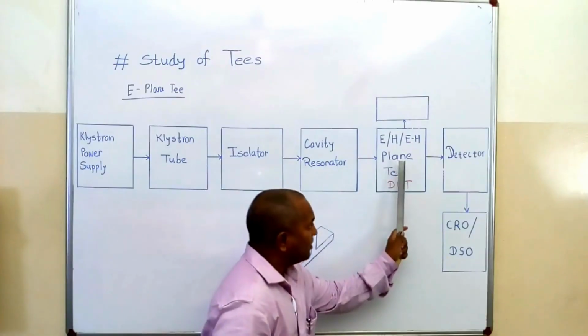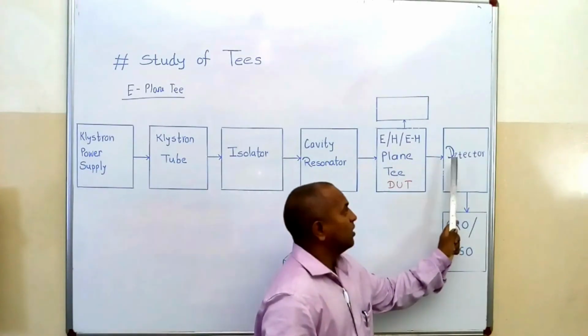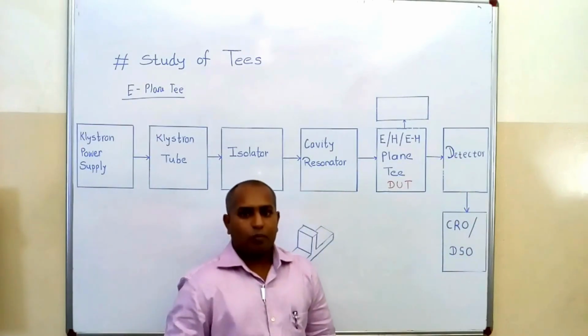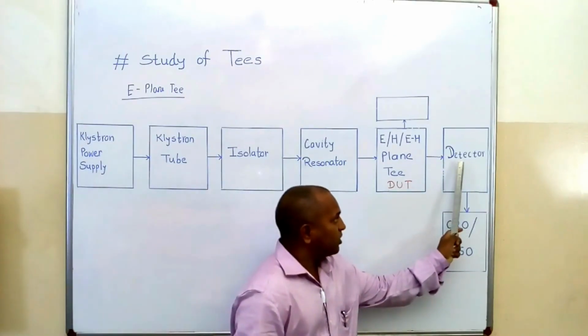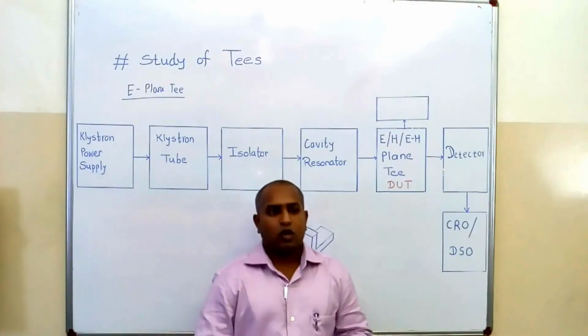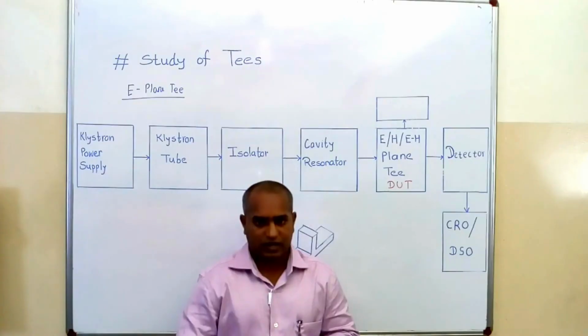The output of one tee will be sent towards a detector. Here the detector is used to detect the electromagnetic signal. There are many types of detectors in microwave, like a PIN diode detector, a Schottky barrier diode detector, or different types of detectors.